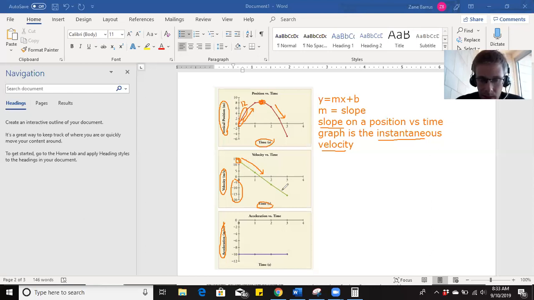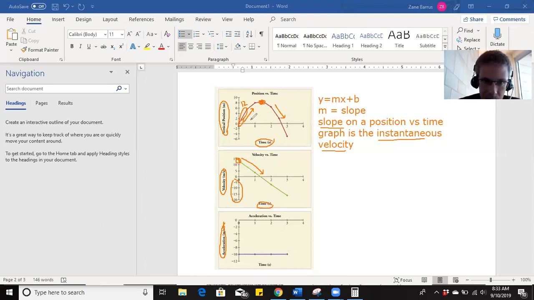Now remember, displacement and velocity are vector quantities, meaning that they have magnitudes and they have direction. We just made a big deal of the slope being the instantaneous velocity. We've been talking a lot about magnitude so far, how big the velocity is. Direction is also important.